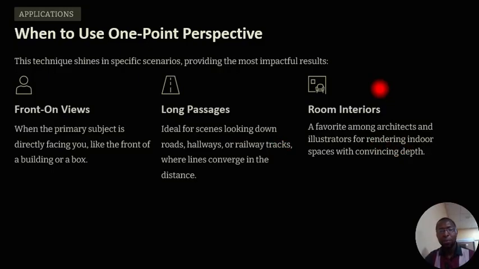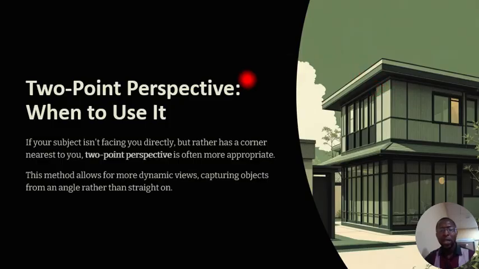Right? So there's another one that we call two-point perspective drawing, but we're not looking at that today. We just want to say that you use two-point perspective drawing when you are viewing an object from a corner. It's used when an object is facing you at the corner.